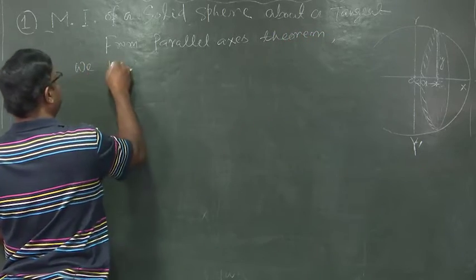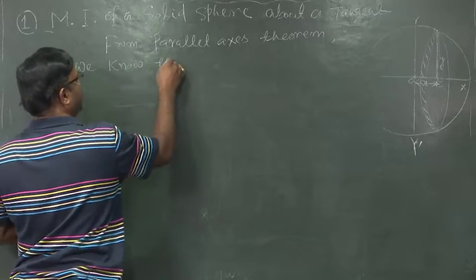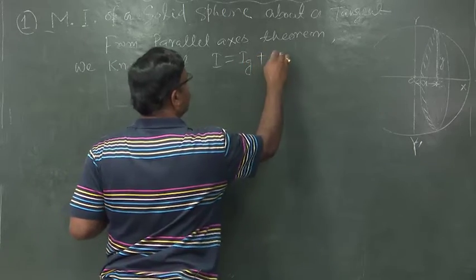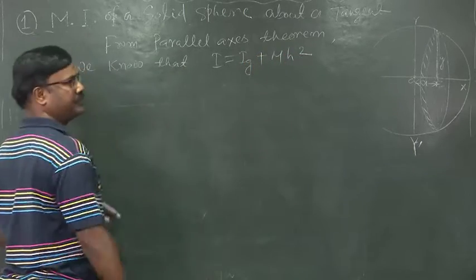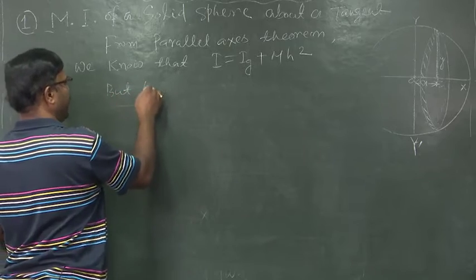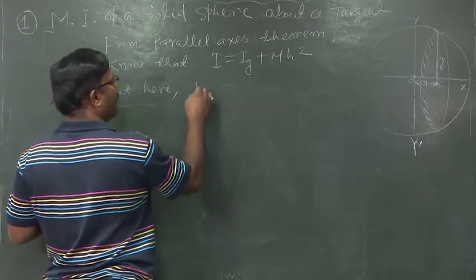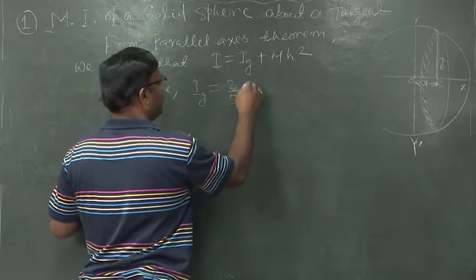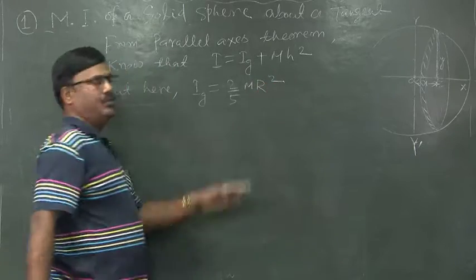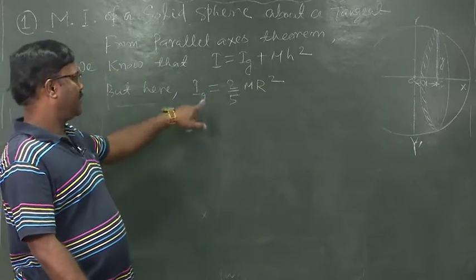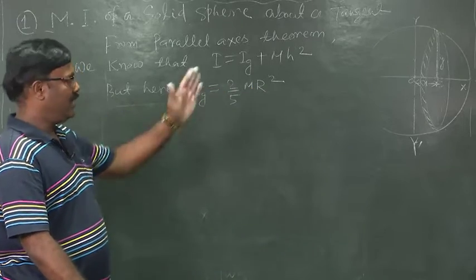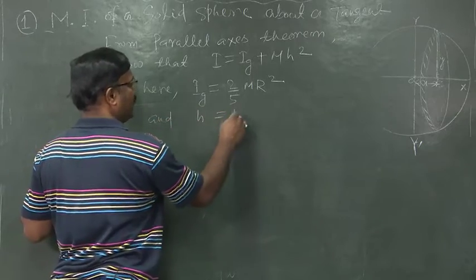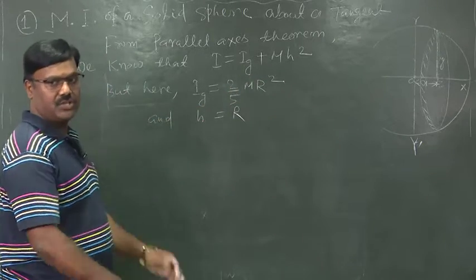we know that I is equal to Ig plus m h square, but here Ig is equal to 2 by 5 m r square, which we have already calculated, that is the moment of inertia of the solid sphere about one of its diameters, and h is equal to r, the radius of the solid sphere.